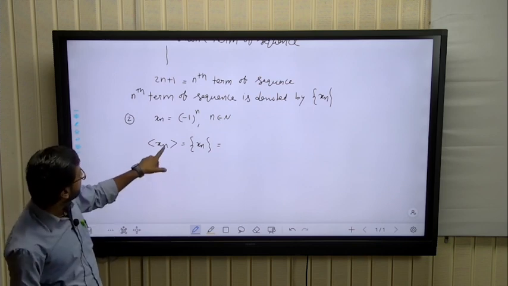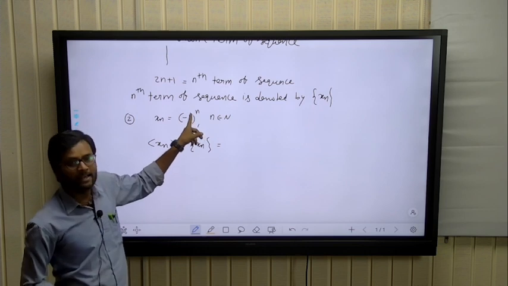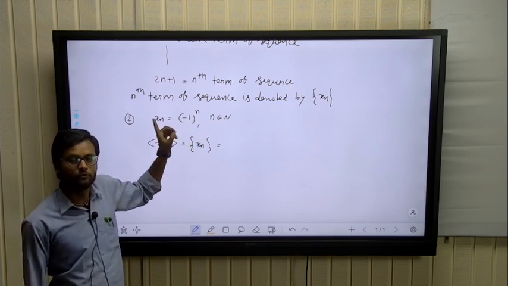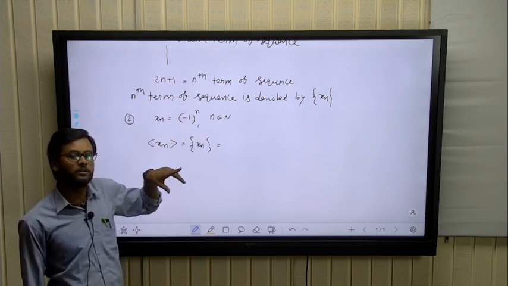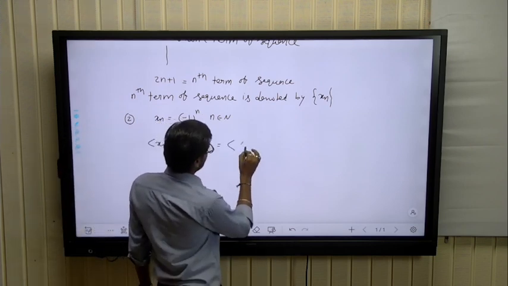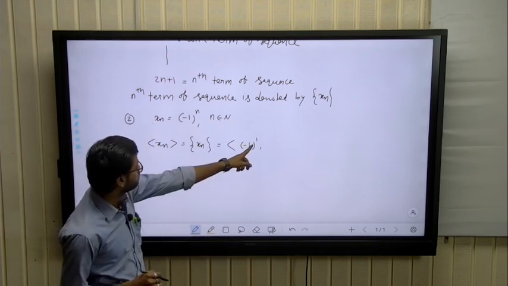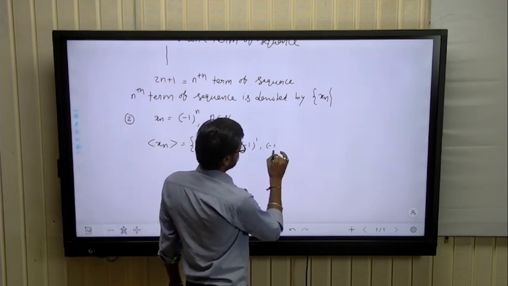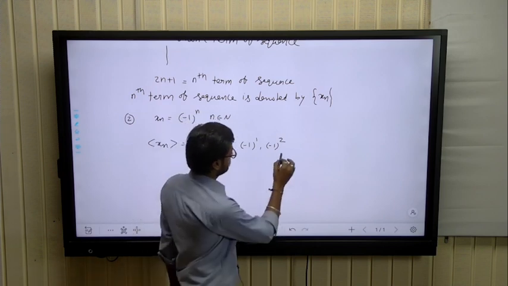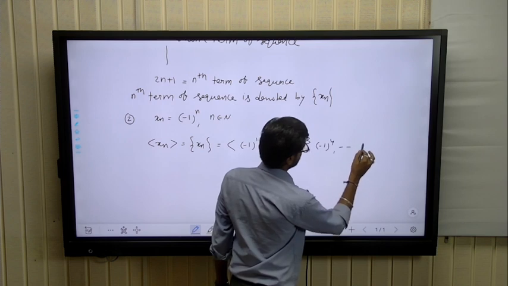Okay, so here we denote the terms of a sequence. We know that n is from the natural numbers, so it starts from 1. So the first term is (-1)^1, because n comes from the natural numbers, so n equals 1, then (-1)^2. These are the terms of a sequence, and so on.